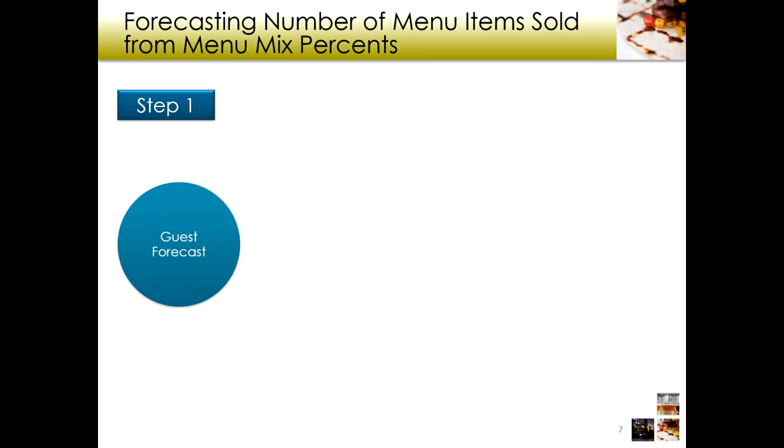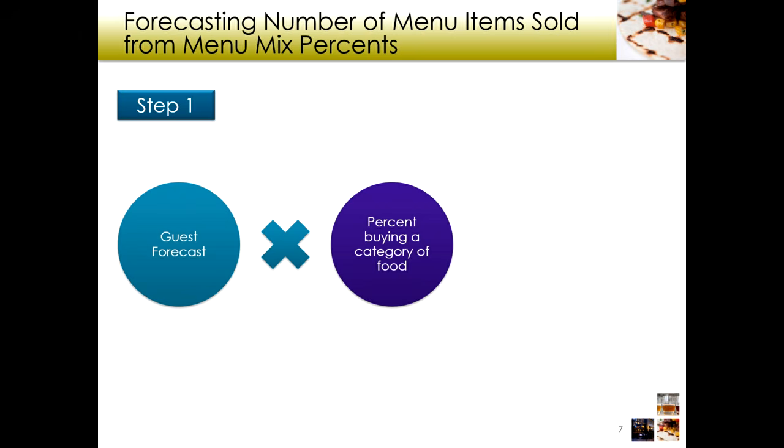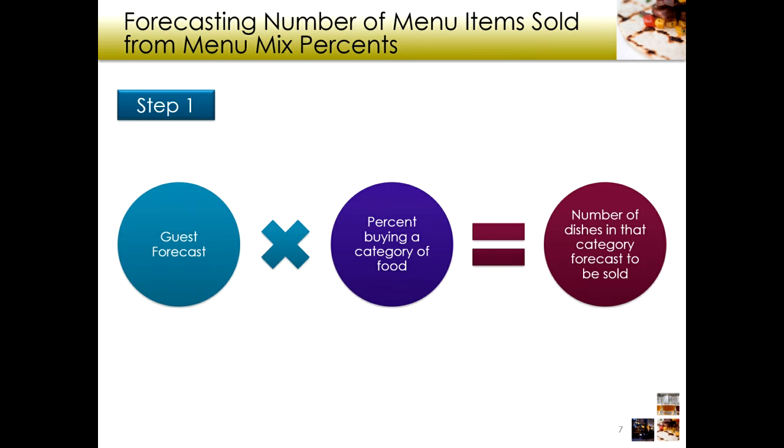So we're going to get that guest forecasted number of how many guests we expect to come in for the night. The next thing we're going to do is figure out, of those guests coming in, how many are going to buy an appetizer or a main course or dessert, right? And then once we know that, we're going to know, okay, we've got 100 people that are going to buy dessert.